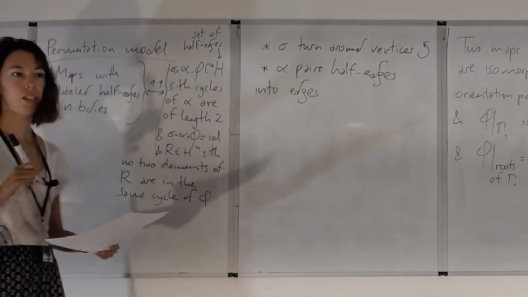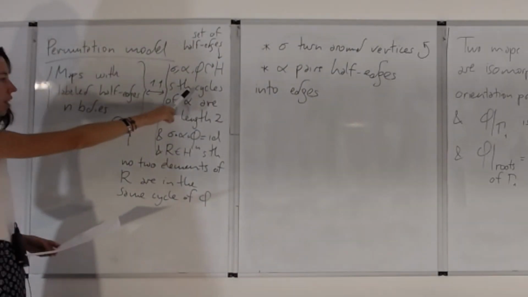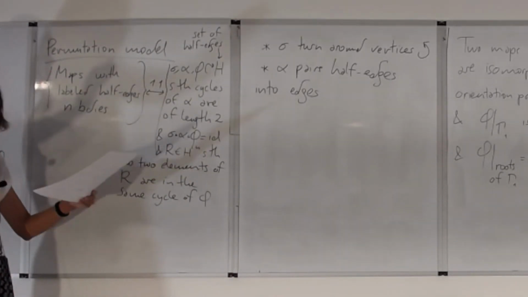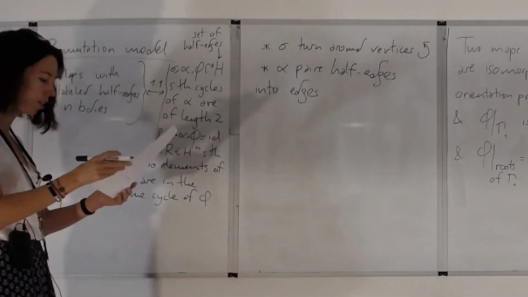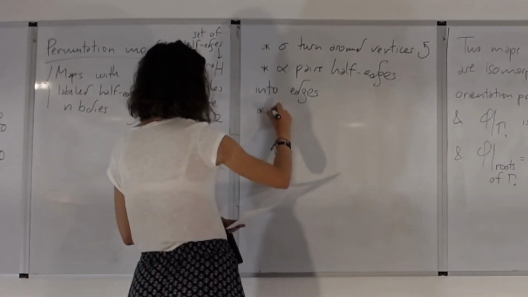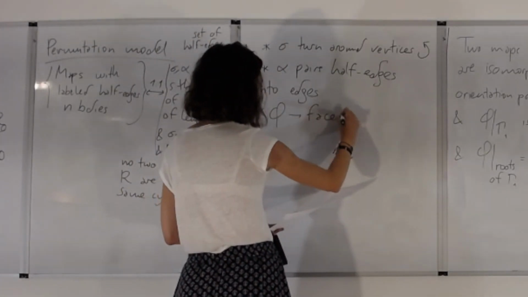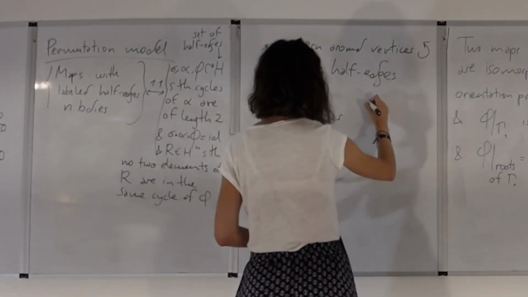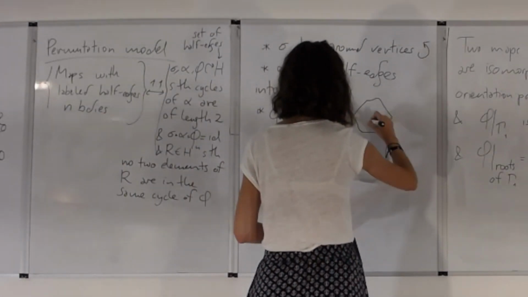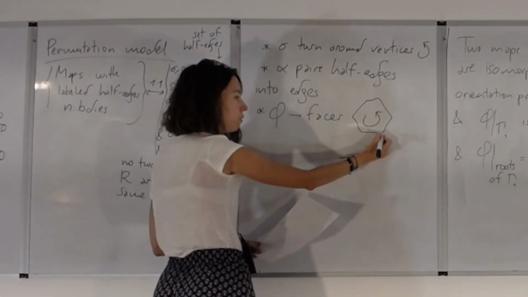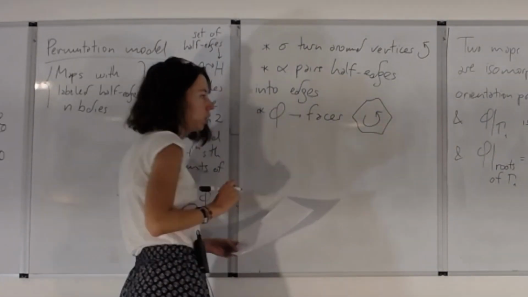That's why alpha has to have cycles only of length 2, because we want it to be something that just pairs things. And then phi goes around faces also counterclockwise. So for example, if we have a hexagon, phi will be going from this half edge to this half edge to this one, like this.